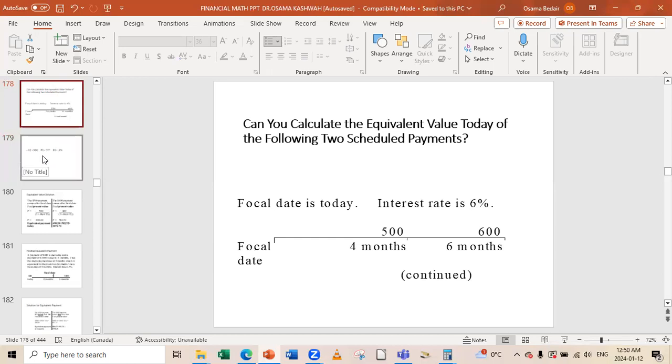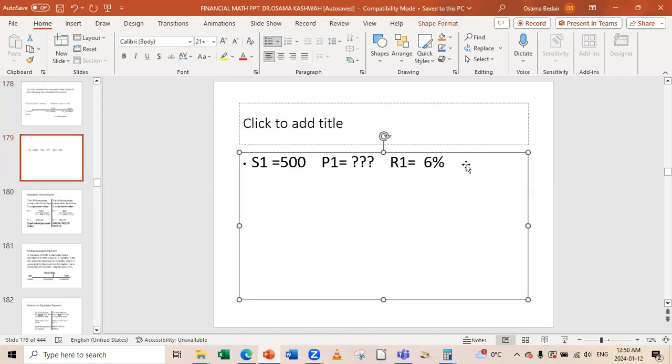So here, the time t equals 4 months divided by 12, because we said we have to divide the months by 12 to get it annually. Now we set the relationship like this: S, the future value, equals P multiplied by the bracket 1 plus the rate multiplied by the time, then we close the bracket.